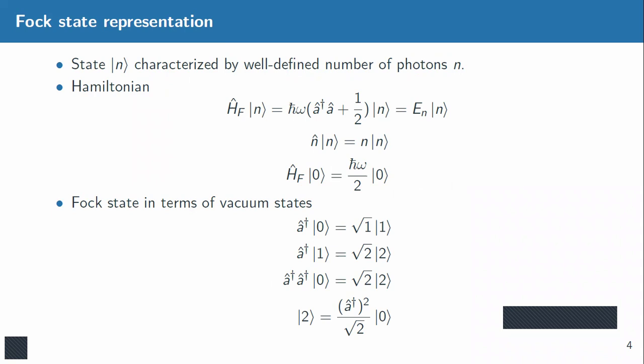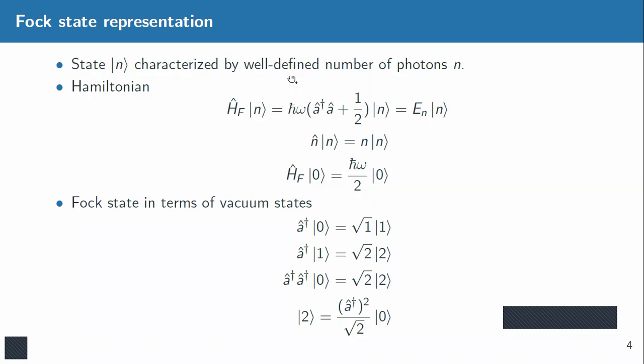So let's move on to the Fock state representation. It is a representation with a well-defined number of photons in a given field. It is denoted by ket n, as can be seen here, and this state has a well-defined number of photons, and it is an eigenstate of the Hamiltonian of the harmonic oscillator, that is, the Hamiltonian of the given field.